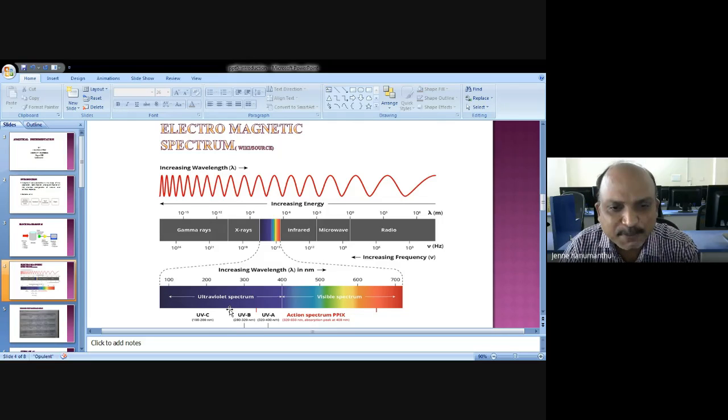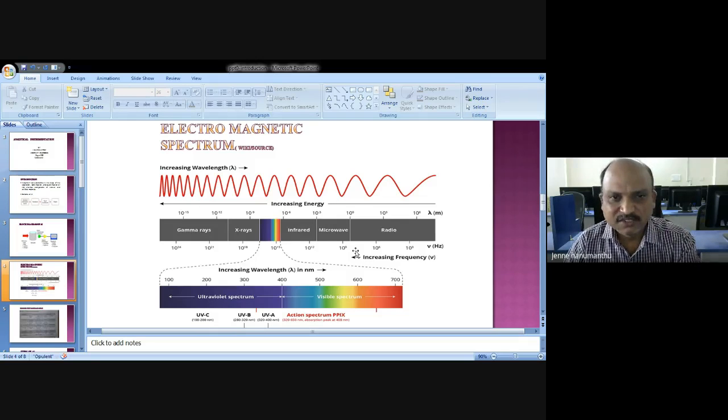In the ultraviolet spectrum, we have UVC, UVB, UVA, three categories. And infrared frequencies, microwave frequencies, radio frequencies. So you can select the frequency range for an application on the sample, right?